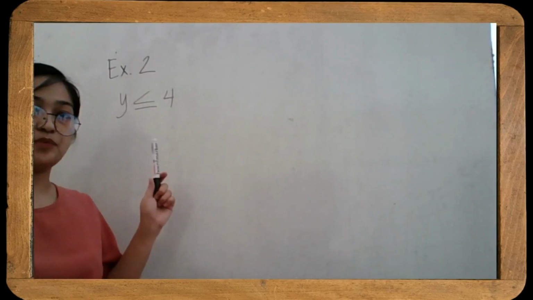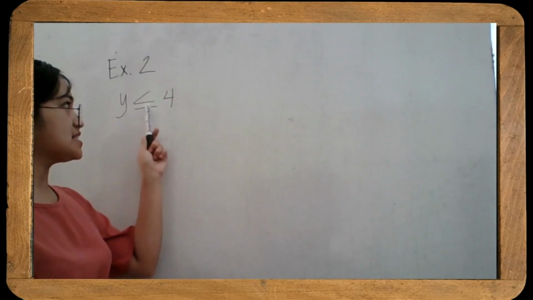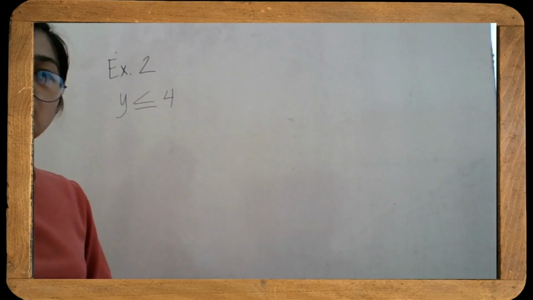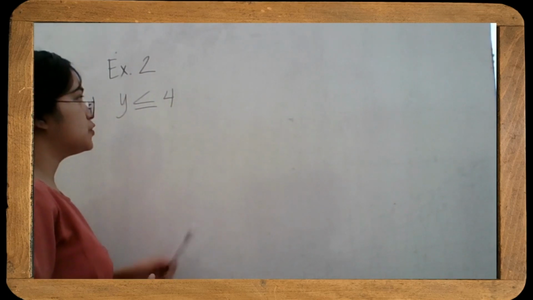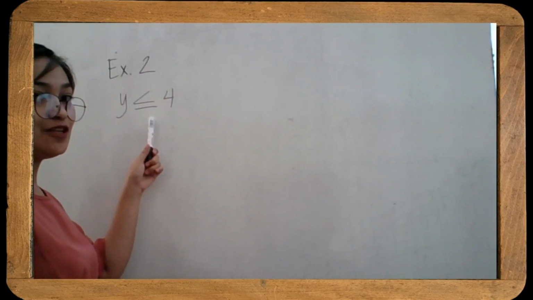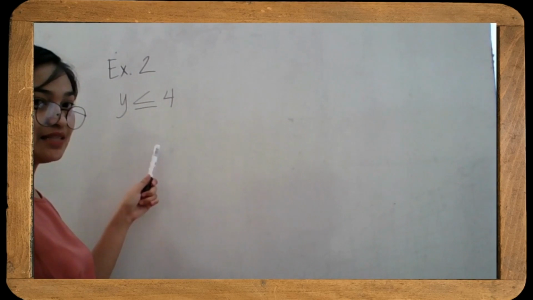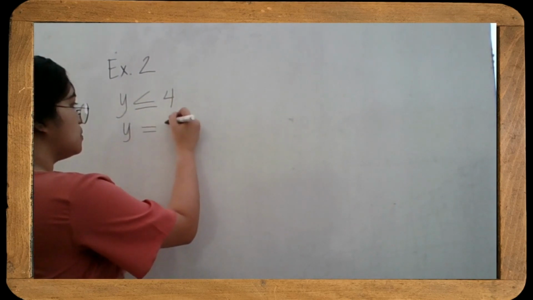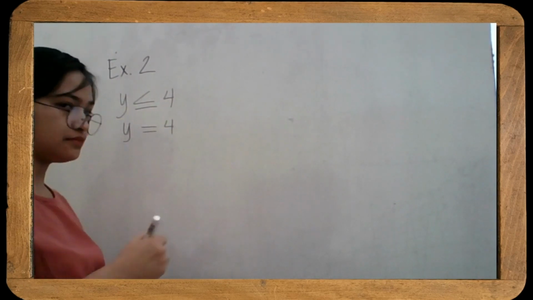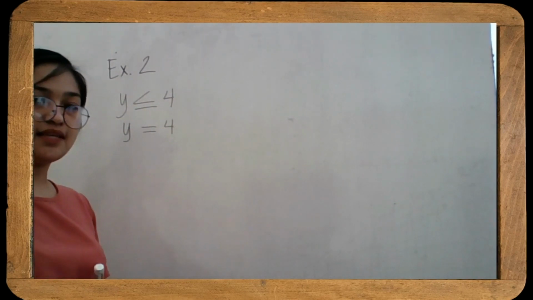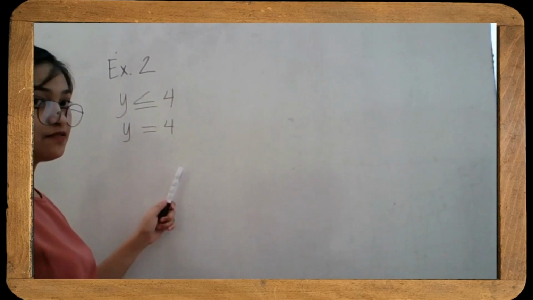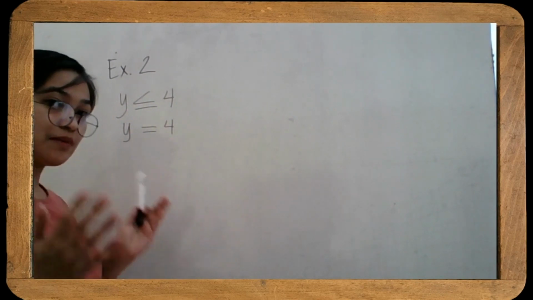Okay, we have the next example, which is y is less than or equal to 4. So, the first method is to replace the inequality sign into equality sign. That would be y is equal to 4. And then class, nag-divide ba tayo ng negative? Hindi po, di ba?